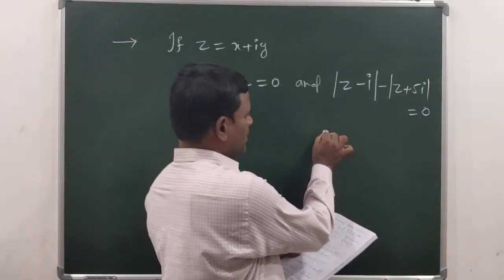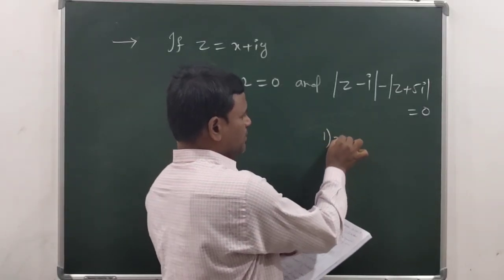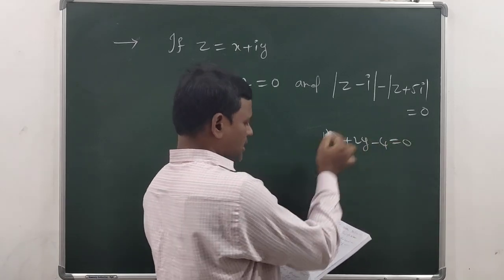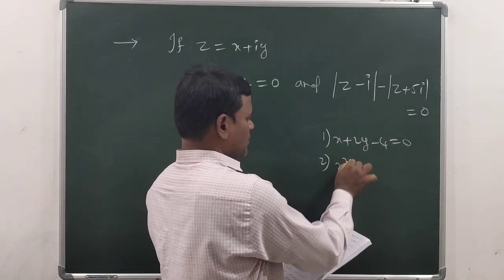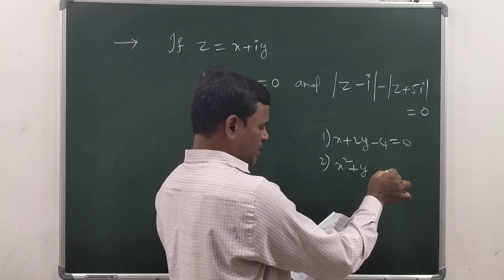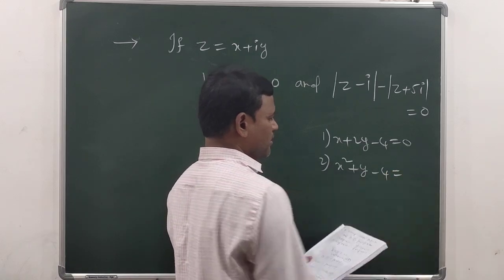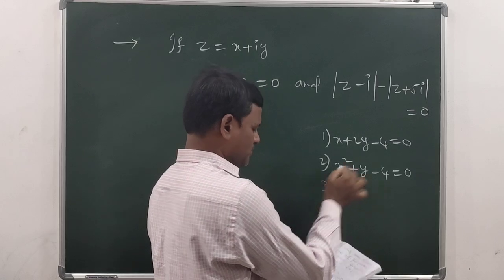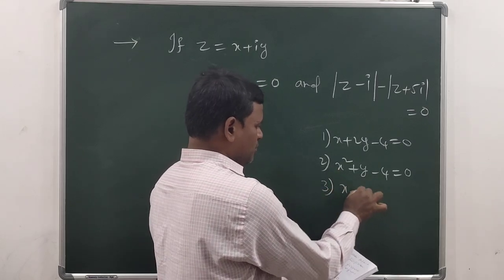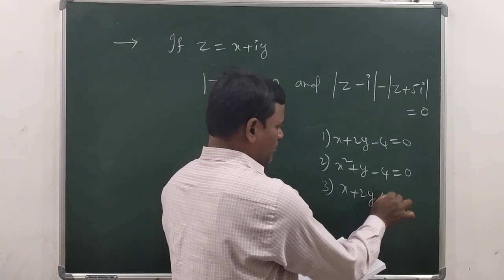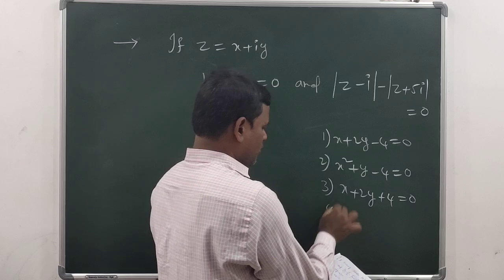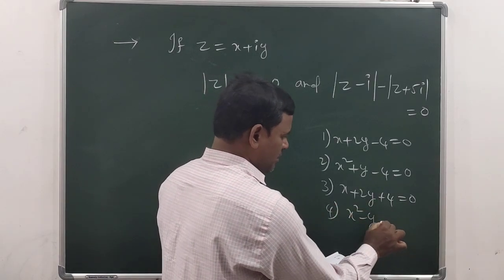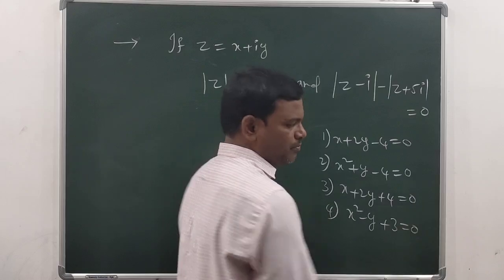See, options are given like this. First option, x + 2y − 4 = 0; second option, x² + y − 4 = 0; third option, x + 2y + 4 = 0; and the fourth option, x² − y + 3 = 0.